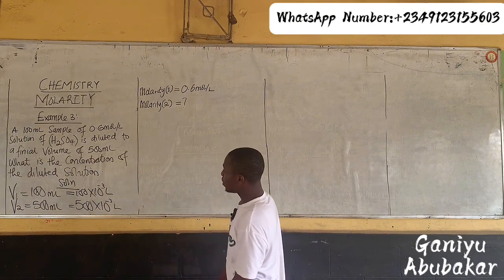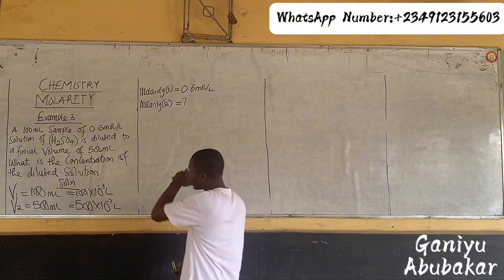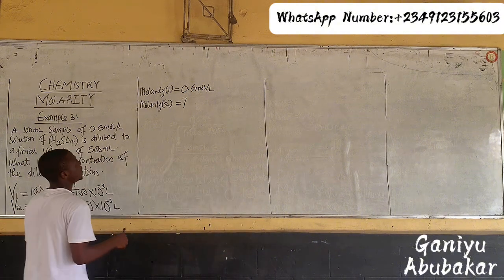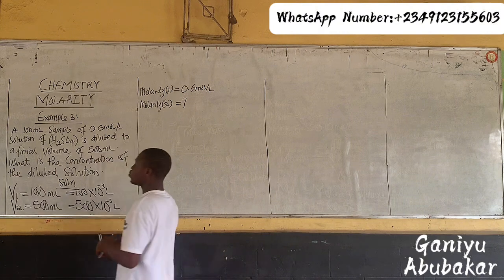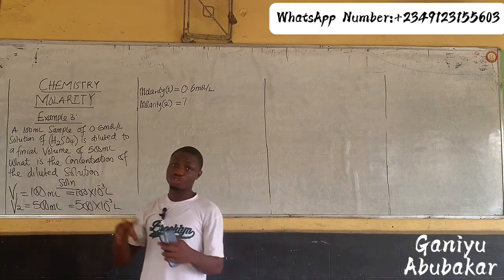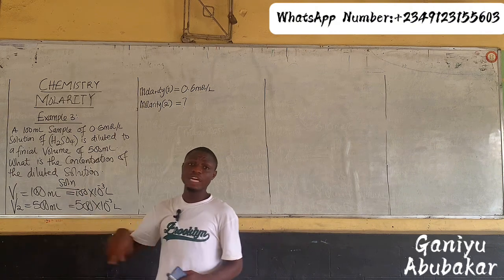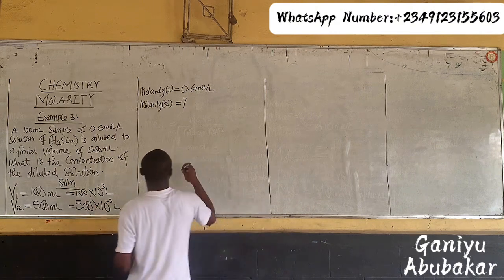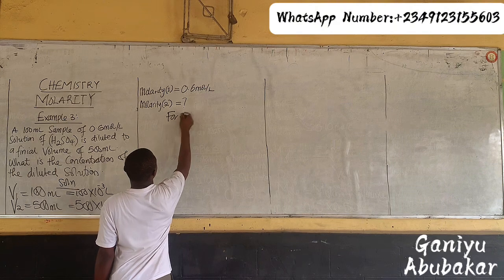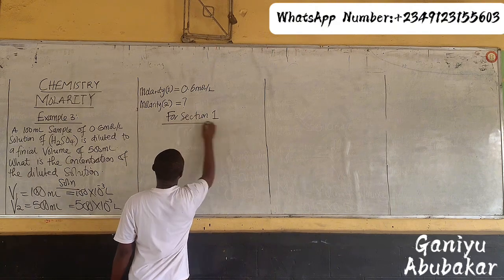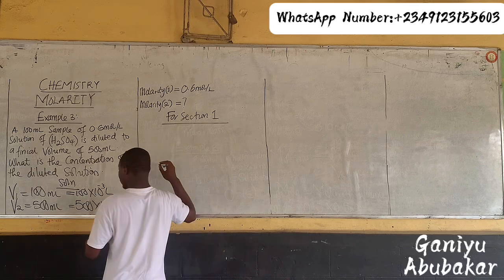So first, let's get this done, please. Solution. In this case, I have section 1 and section 2. So let's start with section 1 first, and then from section 1, we'll dive into section 2. For section 1, it's easier for me to get the mole.